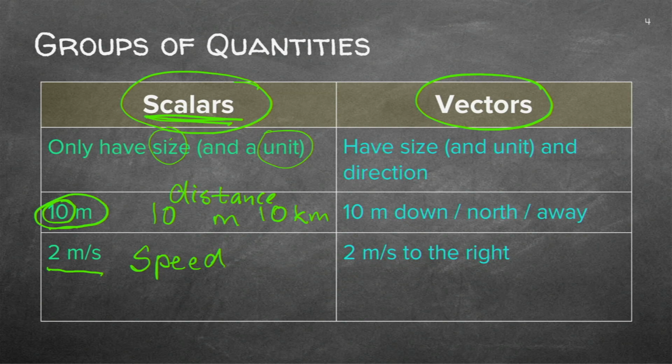What do we do when we work with something with a specific direction? We call that a vector. 10 meter down: you will be able to find that box 10 meter down because it's got an address, it's got a direction. Or north or away. It clearly indicates a certain direction. Just bear in mind that we've now got a vector quantity.